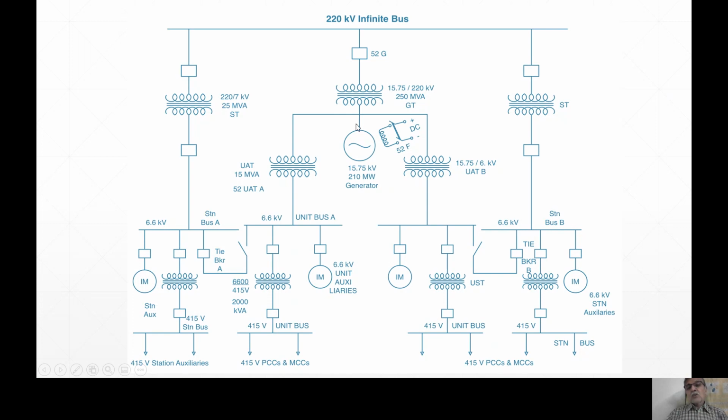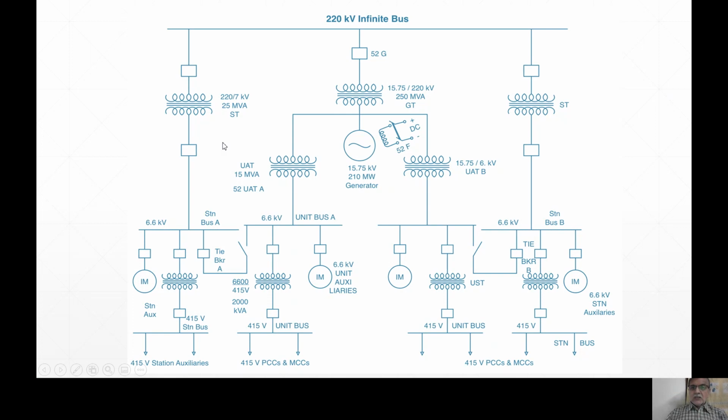Because if at all you keep a breaker, the main thing is its breaking capacity has to be very high, because you have to take care of the worst reactance, which is only the subtransient reactance, and subtransient reactance is 20%, very low. Therefore, the breaking capacity required would be very high.